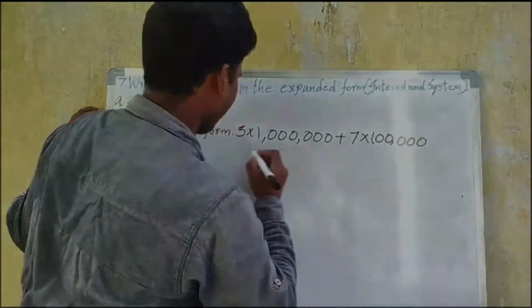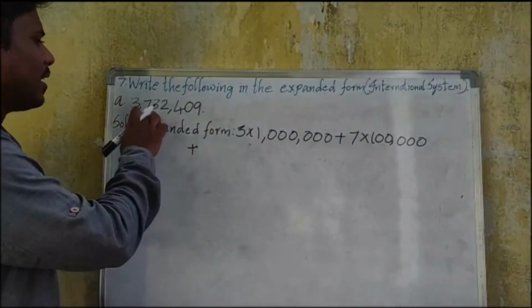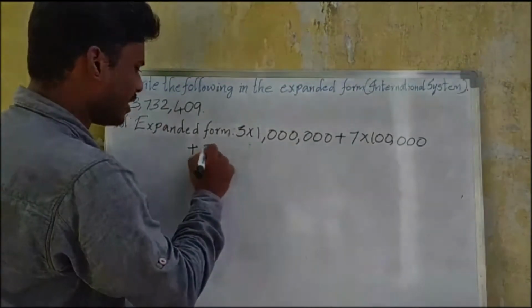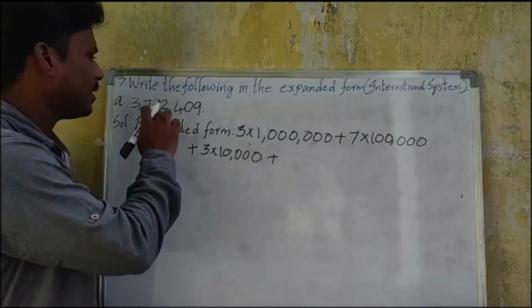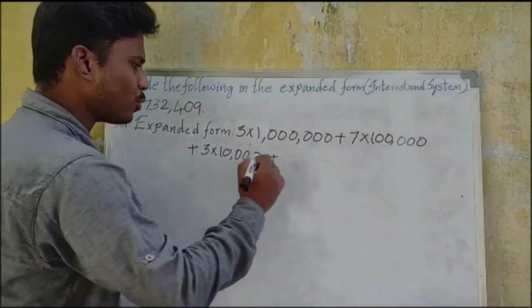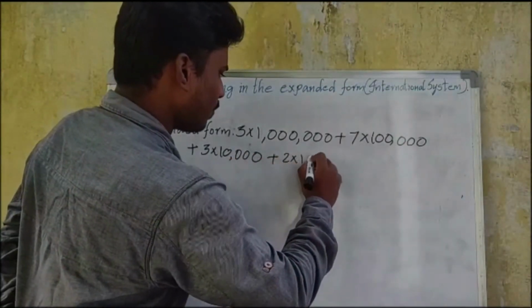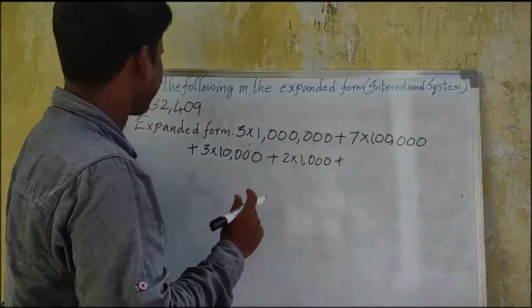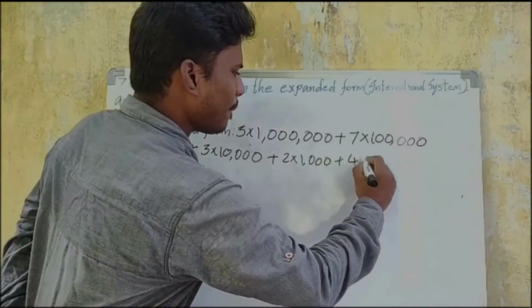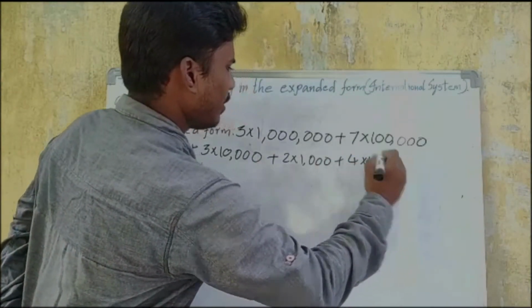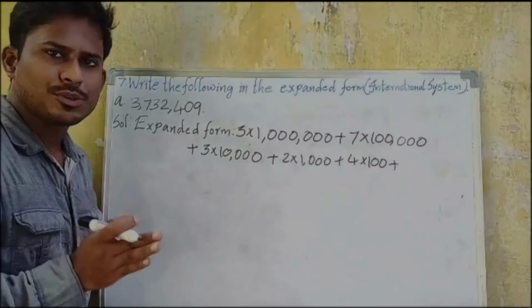So 7 into 100,000 plus 10,000 place we have digit 3. 3 into 10,000. Next, in 1,000 place we have digit 2. So 2 into 1,000 plus in the hundreds place we have 4. So 4 into 100 plus in tens place we have 0.